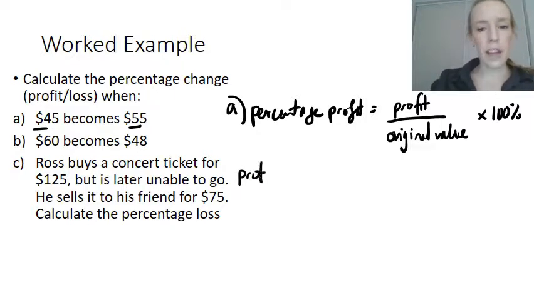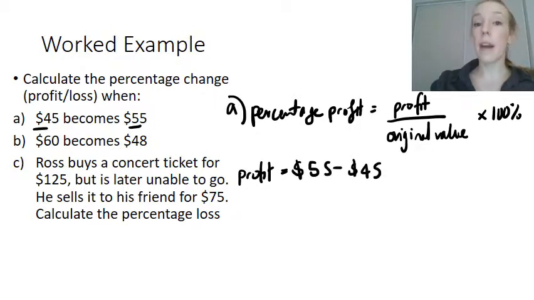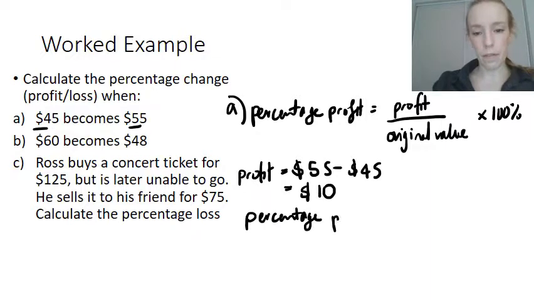So profit is equal to 55 minus 45. Just our bigger number minus our smaller number, which will give us how much money we've made. So that's $10 there. We can then put that into our formula. So our percentage profit equals 10 over our original value.